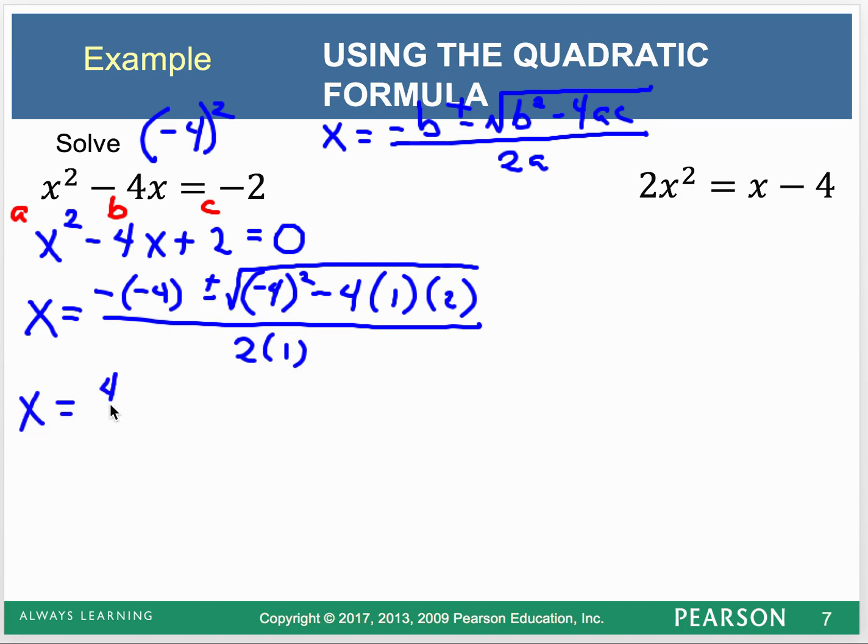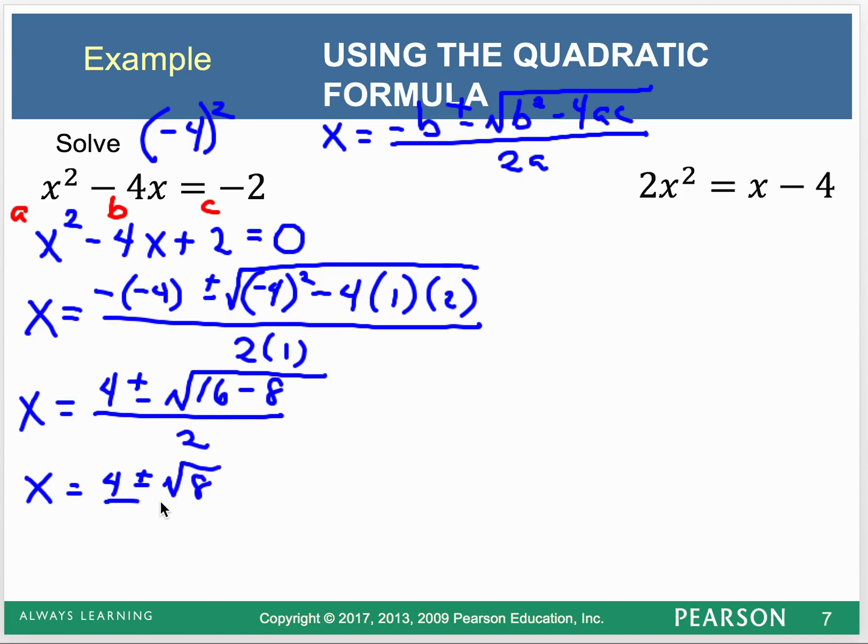So we've got 4 plus or minus the square root of 16 minus 8 all over 2, okay, which is 4 plus or minus, 16 minus 8 is 8, all over 2, which is 4 plus or minus, now I got to simplify that, square root of 8.